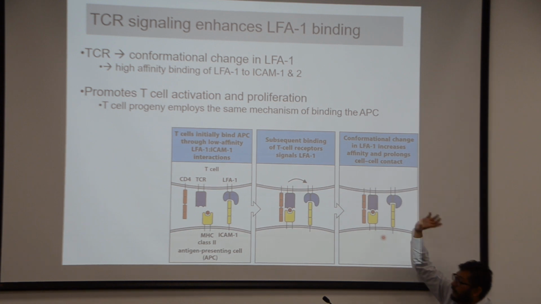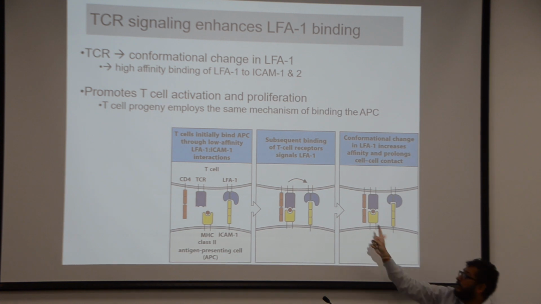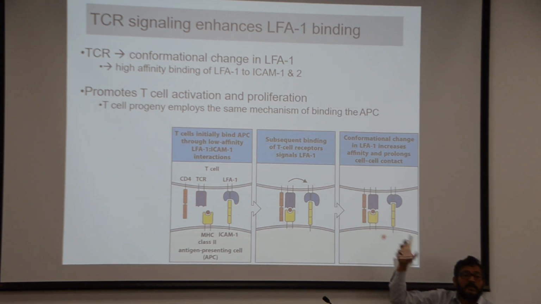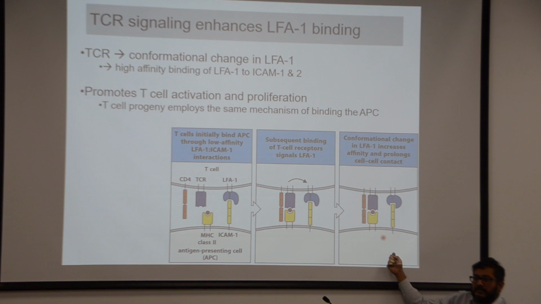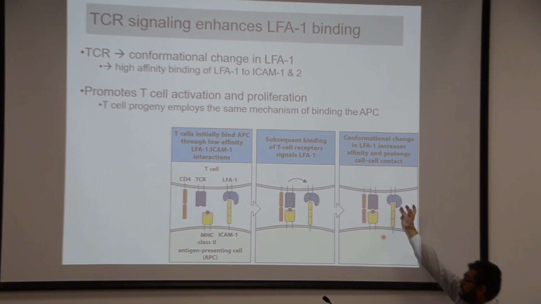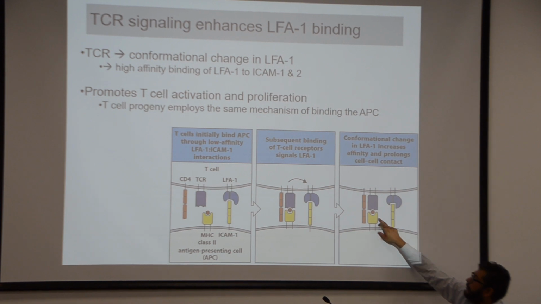Now, please bear in mind, the T cell receptor interaction with MHC, this molecular interaction is not anchoring. It's not binding. It's just two things coming into contact with each other. Okay? So the thing that holds the T cell to the antigen presenting cell is the change in the LFA1 affinity because of the molecular signaling that takes place to bind to ICAM1 and ICAM2, keeping them in place.